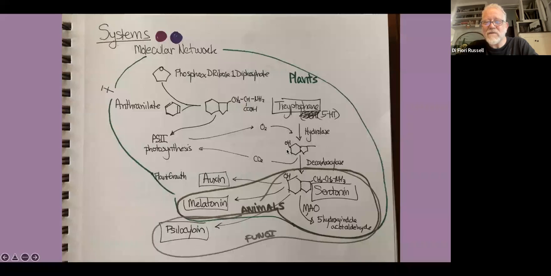And then the decarboxylase, you take off one of the carbons. It's interesting that photosynthesis is all about creating oxygen and taking up CO2. So it's kind of interesting that the process of moving tryptophan to serotonin actually kind of mimics or connects to that process of photosynthesis. I found that interesting, so I put it in there.